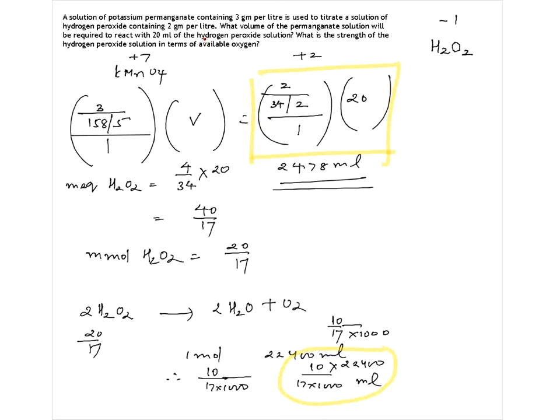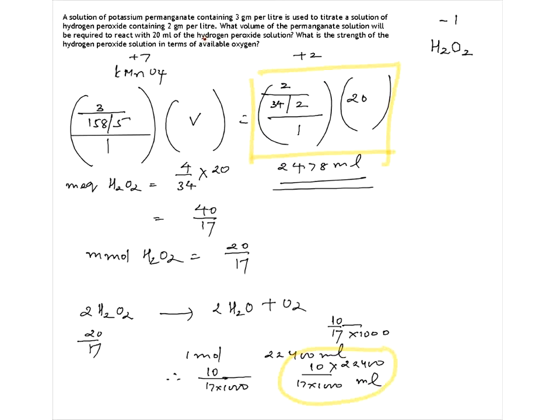Any questions? Yes, go ahead. Sir, that +7 and +2, is that the oxidation state, sir? That's right. +7 and +2 are oxidation states. Fine, sir. Thank you, sir.